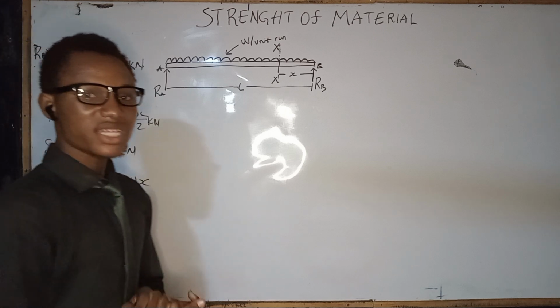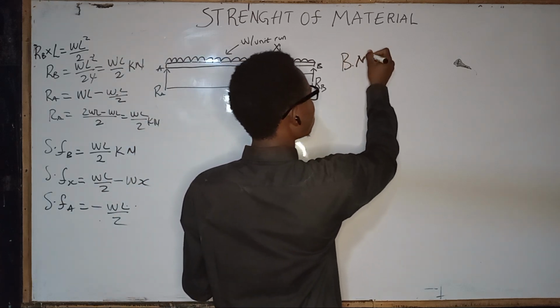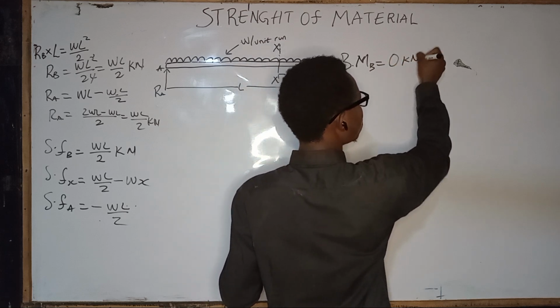Now for the bending moment calculation, the bending moment at B is equal to 0 kilonewton meter.